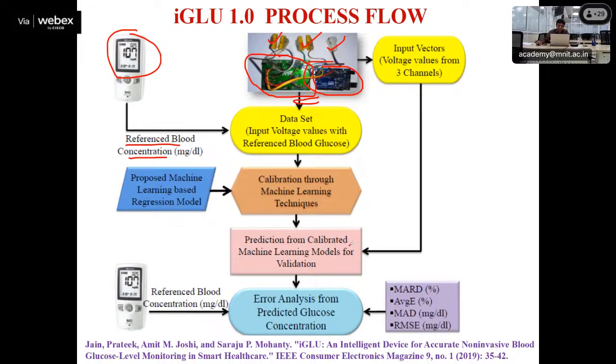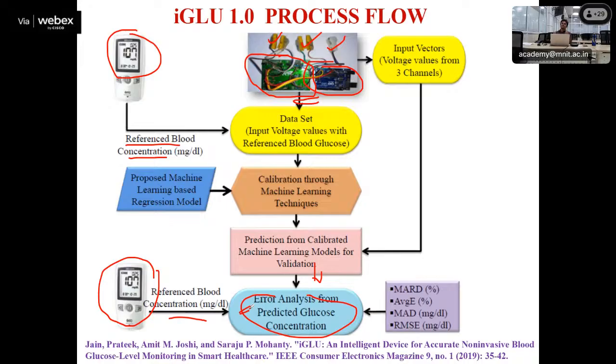Then we are finding the error analysis. Through this regression model we have an estimated glucose value, and we have an actual glucose value measured through self-monitoring. Error analysis means the difference. If X is the predicted value and Y is the observed reference value, X minus Y is the difference.